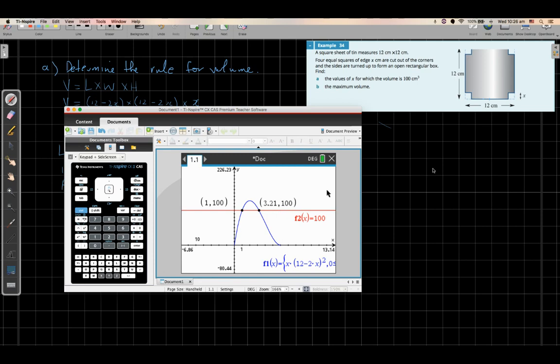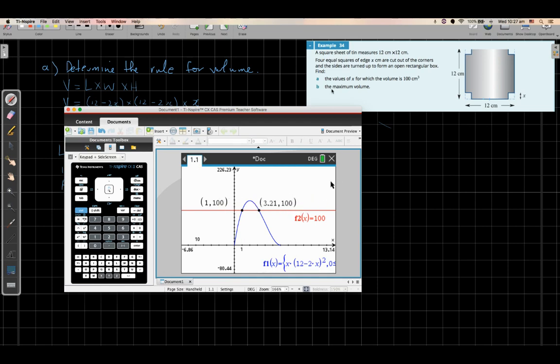If I went along 3.21 along here and 3.21 and cut out those squares and folded it up, I would also have a volume of 100 cubic centimetres. One would be wide and shallow, and the other one would be taller and narrow, but they both give you 100 cubic centimetres.